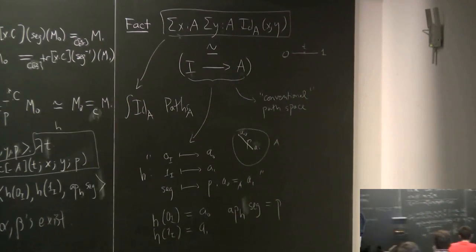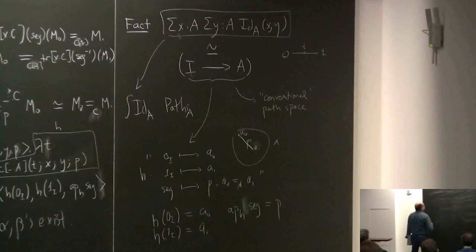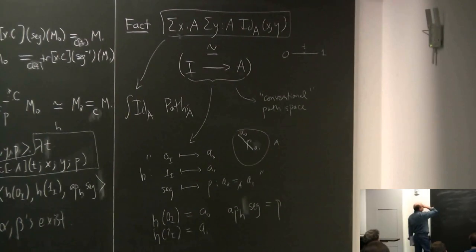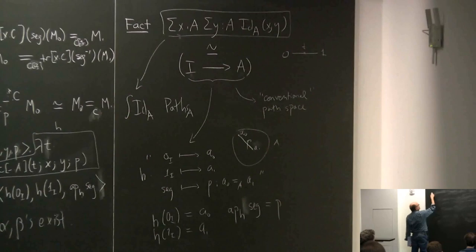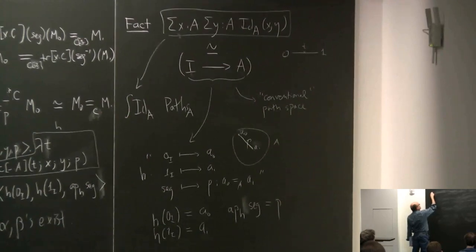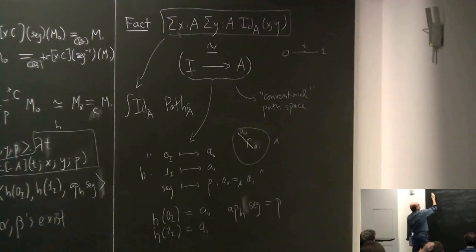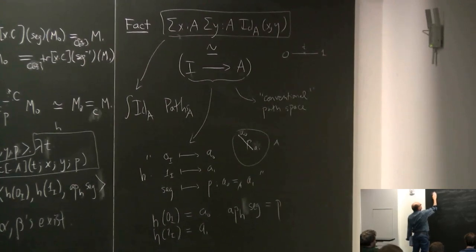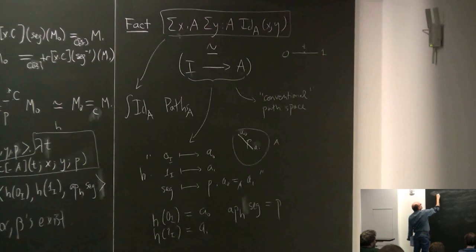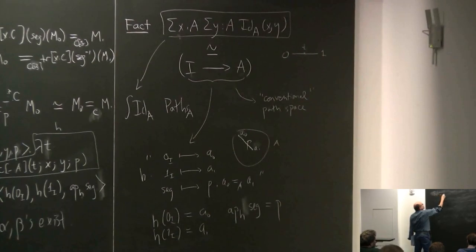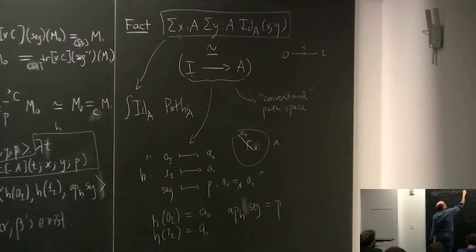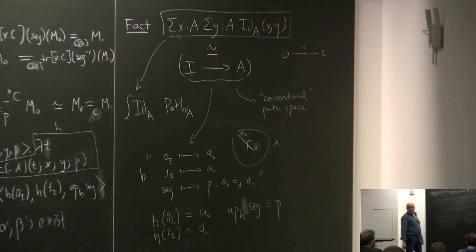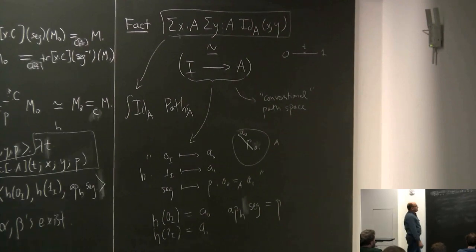Okay, so now the next thing I wanted to observe, which is kind of an amusing thing, is the following. Let's do it in stages. If you look at the total path space, I want to look at the total path space of A arrow B. We just said that that's equivalent to A arrow B. We just finished proving that.